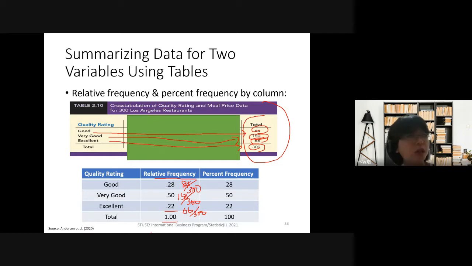So the total is 1. If you multiply by 100, you will get the percent frequency. So you can quickly know the information from the cross table.